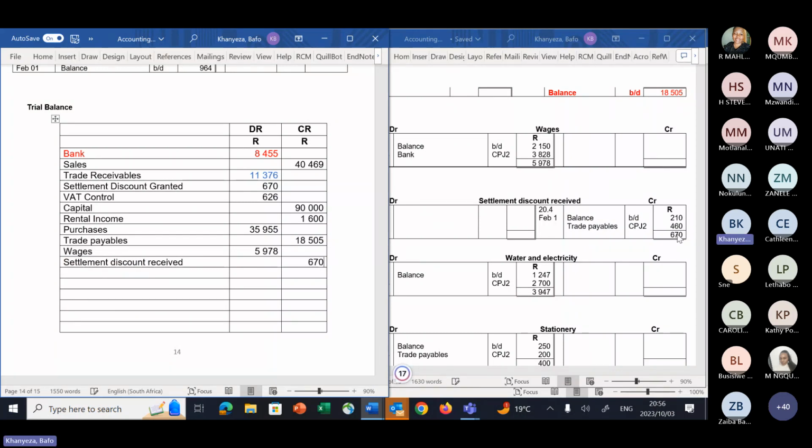We are taking it from here, and then we have water and electricity, which is 3947. Then we have stationery, which we are taking on the other side, 450.